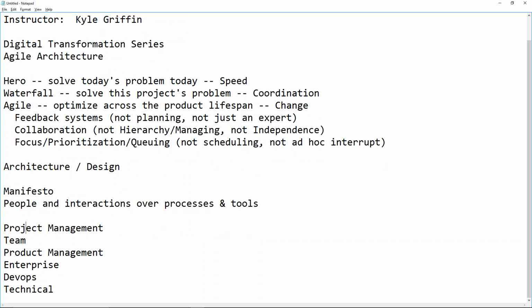If you say, hey, are you doing Agile? Almost everybody says yes. Like 90% of everybody's doing some form of Agile project management. Half of everybody doing Agile says, oh yeah, we're doing project management.